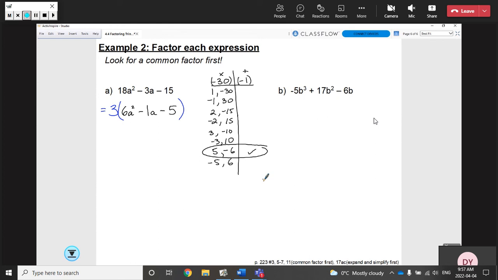Okay, so now that we have the numbers that'll work, this is where the greatest common factor becomes a little bit of a pain, because we don't want to forget about it. It's still here. It hasn't gone anywhere, but we just do the rest of this question inside of these brackets. So we know the first one's 6a squared.